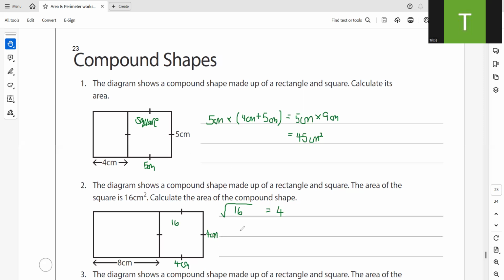As with question 1, firstly take the height, 4 cm, times the compound rectangle and square, which is 8 cm plus 4 cm. Do the brackets first. 8 cm plus 4 cm, you get 12 cm.